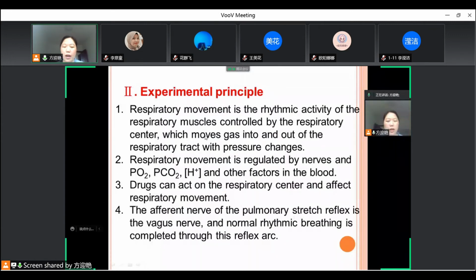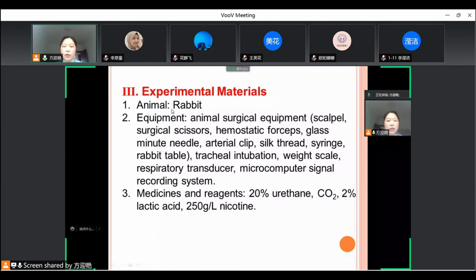For the materials, first we use an animal, a rabbit, for the experiment.